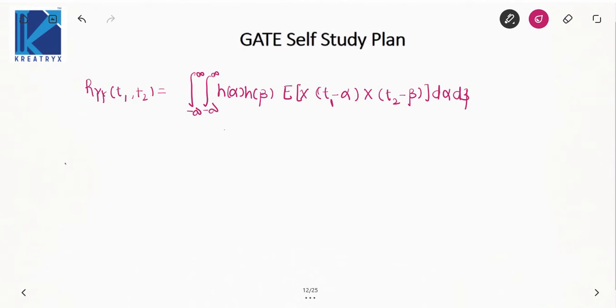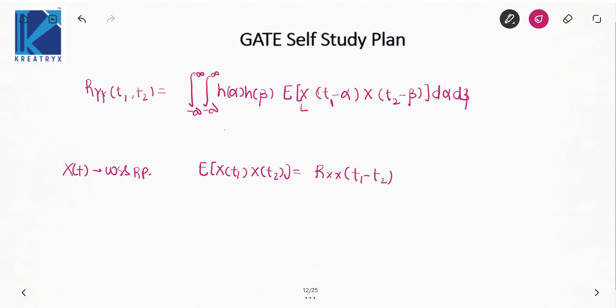Now we know that x of t is a wide sense stationary random process, and for this, the expectation of x of t1 into x of t2 is equal to a function of t1 minus t2.